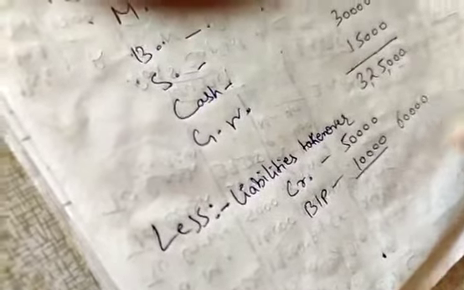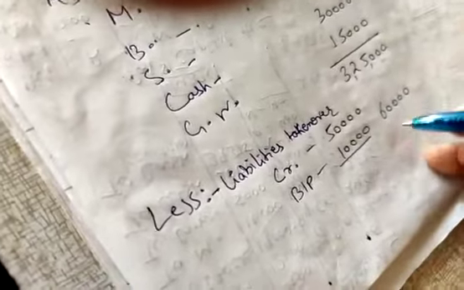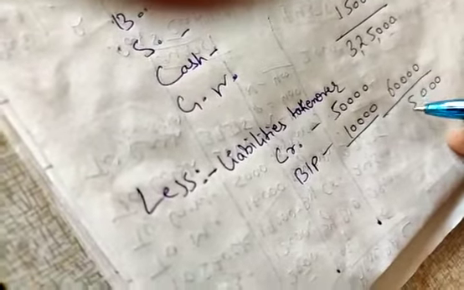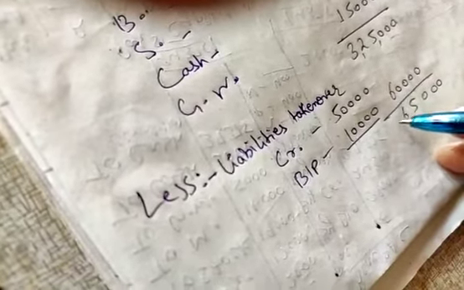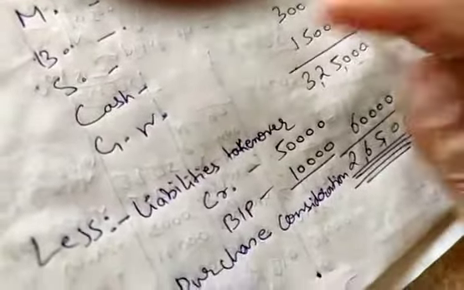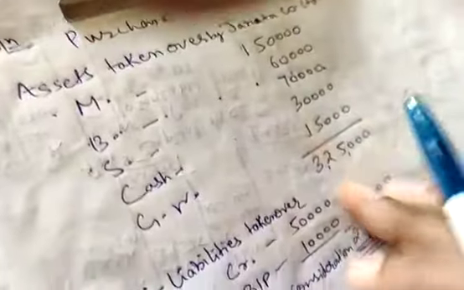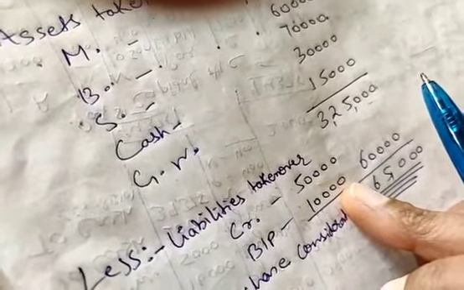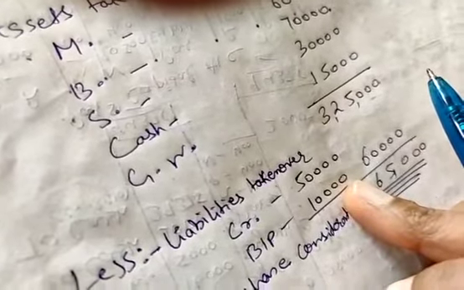Totally they have taken the liability worth rupees 60,000, and if we deduct, we will get 2,65,000 as our purchase consideration, or purchase price. So this is assets taken over, deducting your liabilities. Clear?